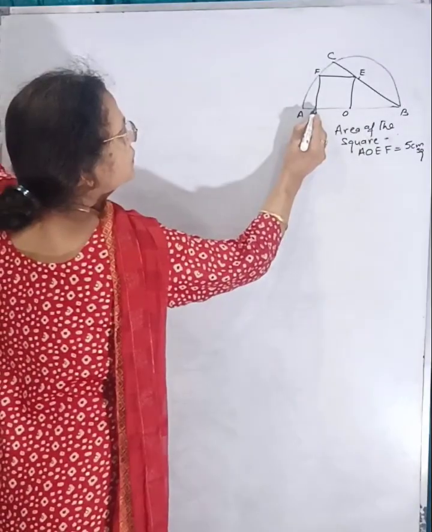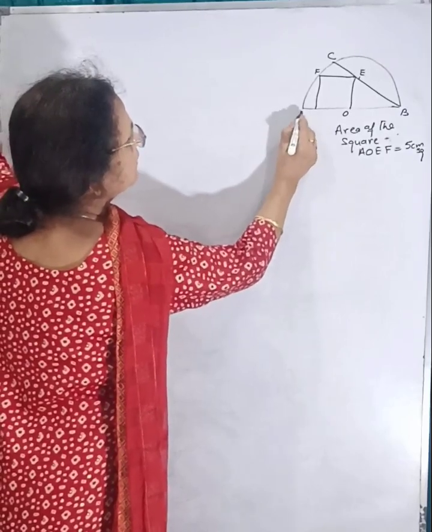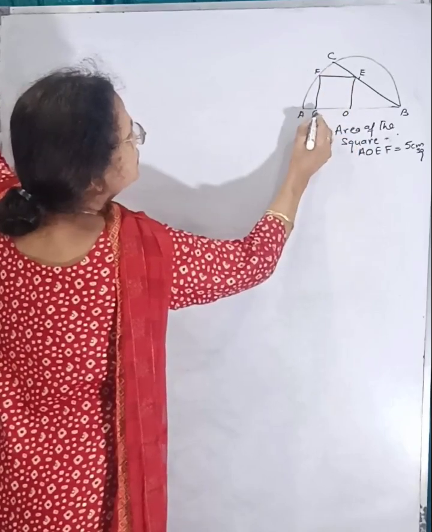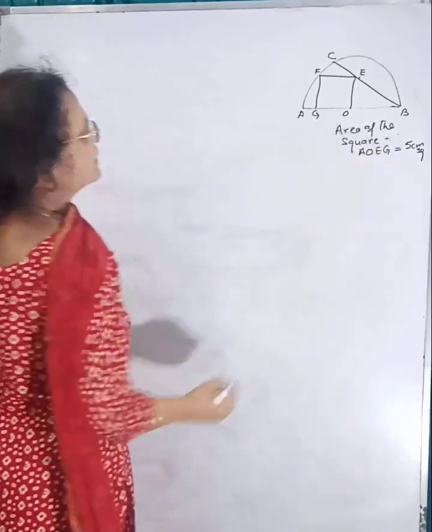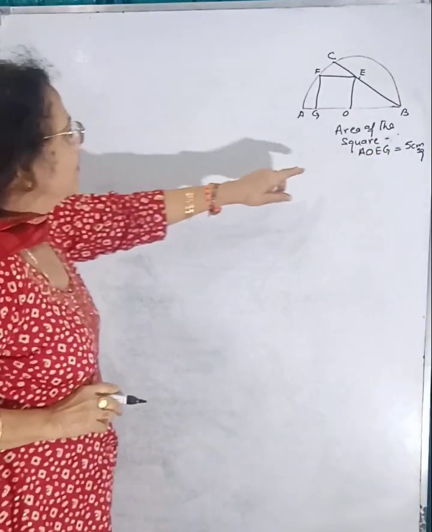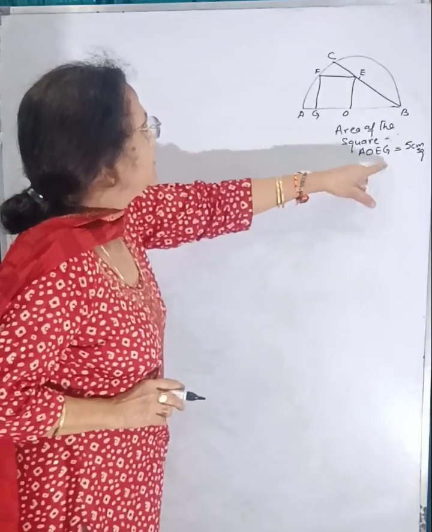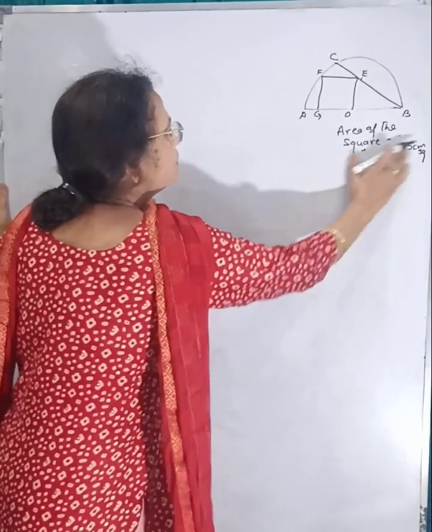Area of this portion. This is not A, it should be written as G, O, E, F. Sorry.